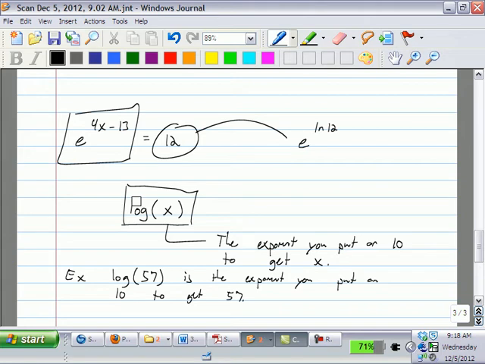Natural log is base e. E is a number, roughly 2.7. Careful. The exponent you put on base e to get x.